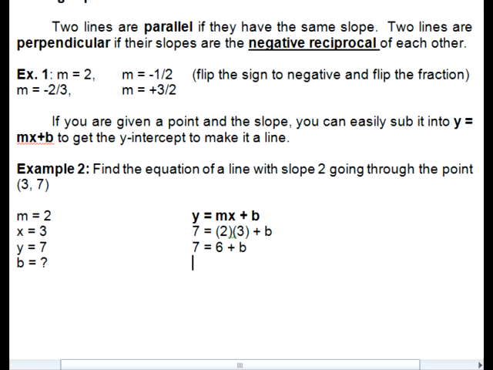Miss Tori, what's the last step to solving for b? Yeah, we'll get rid of the 6. So 7 minus 6 equals b. So b equals 1. So my equation then, y equals 2x plus 1.